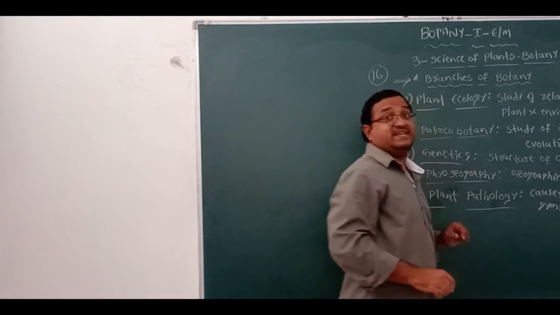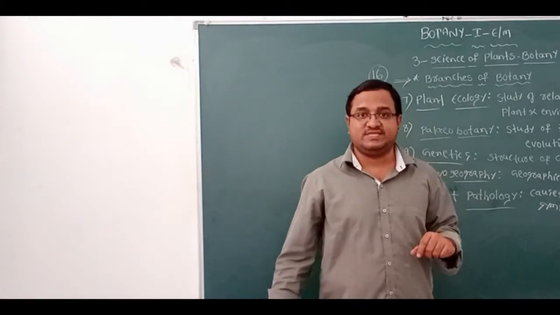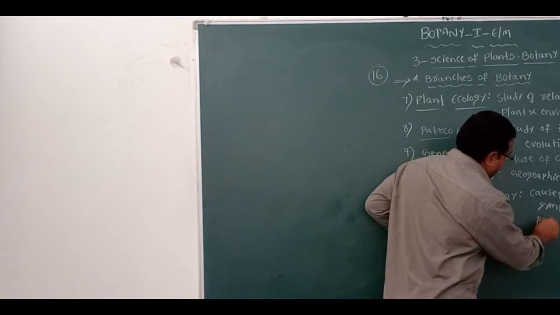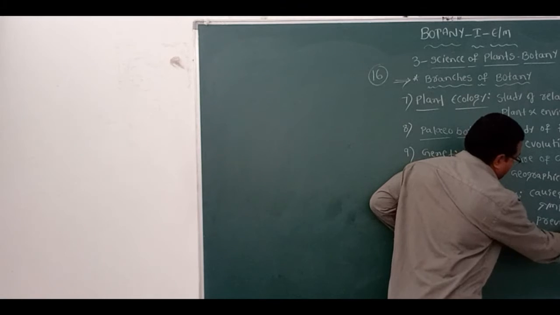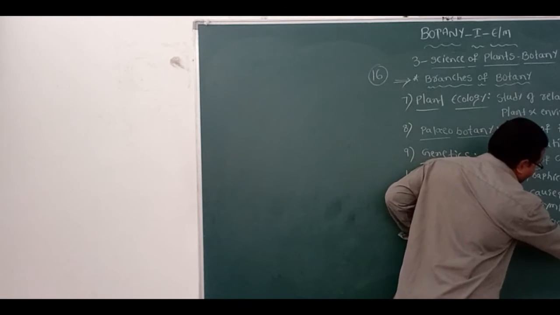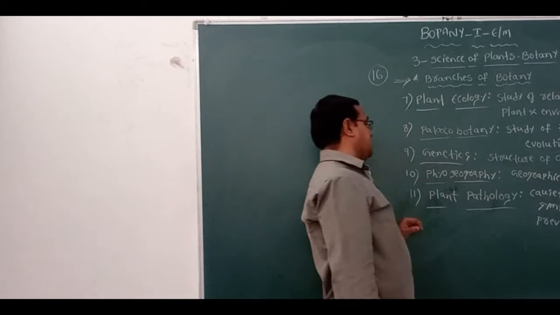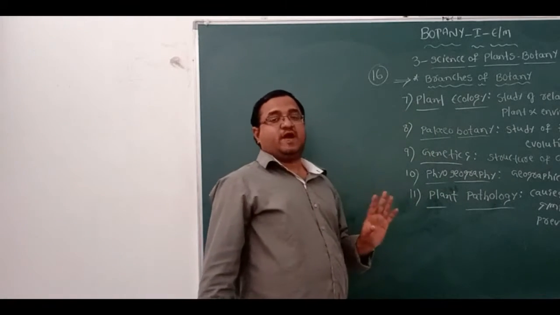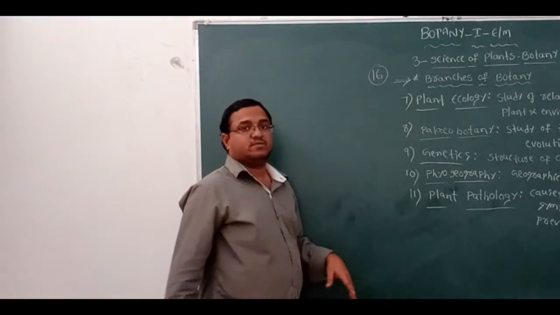What preventive measures do we have to follow for controlling the disease? We have to discuss these preventive methods in plant pathology. Especially diseases, we study about diseases in pathology. That is the 11th branch.